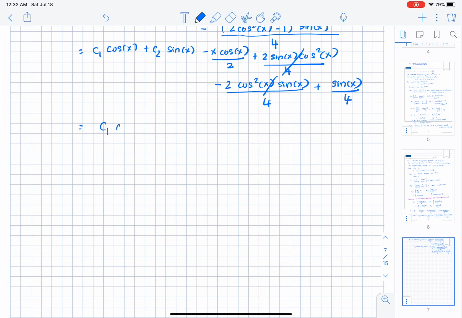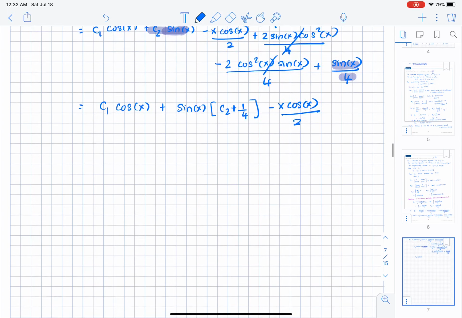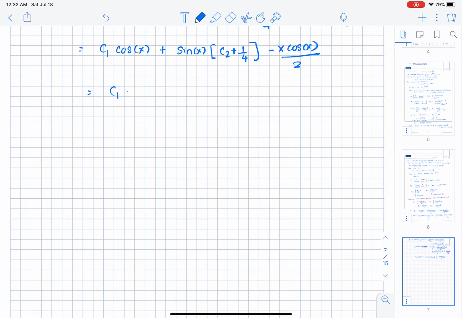So we have c1 cosine x. Keep in mind, we can't leave that sine x over 4. That would be linearly dependent on that. But we can combine the two. If we pull sine x out, we have c2 plus 1 over 4 minus x cosine x over 2, which would give us c1 cosine x plus some of the constants c3 sine x minus x cosine x divided by 2.